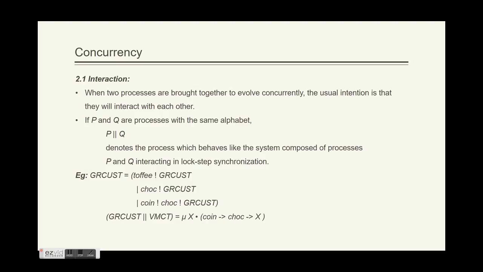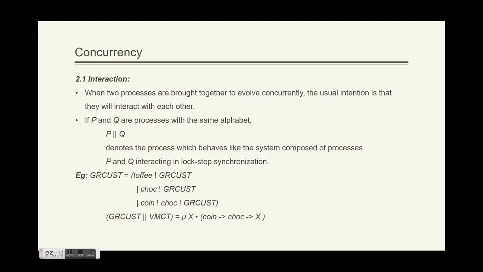So when the two processes P and Q have the same alphabets, it is represented as P concurrent Q. It denotes a process which behaves like the system composed of processes P and Q interacting in lockstep synchronization. This is nothing but the processes P and Q interacting with each other concurrently.